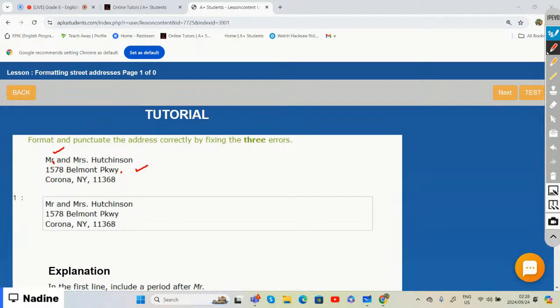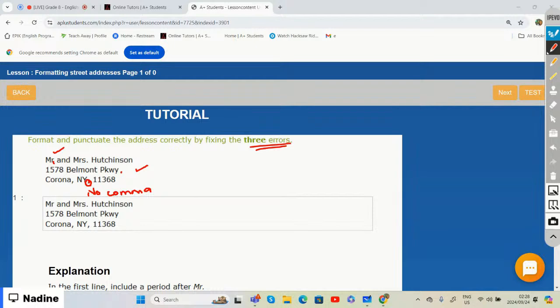And if we look at that line, there should be no comma after the state. Right? And that is our three errors that we have identified within that address.